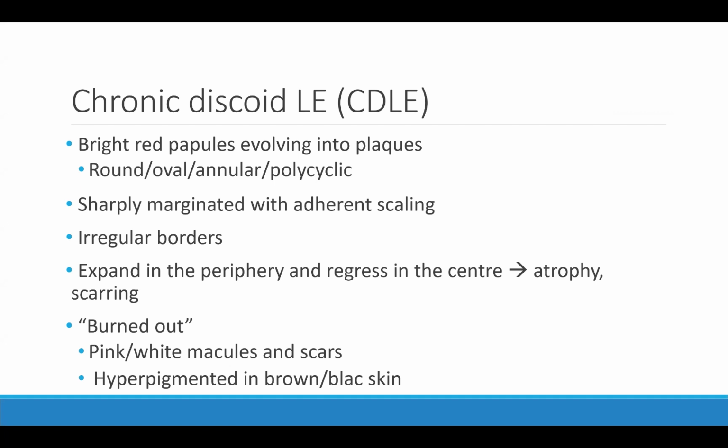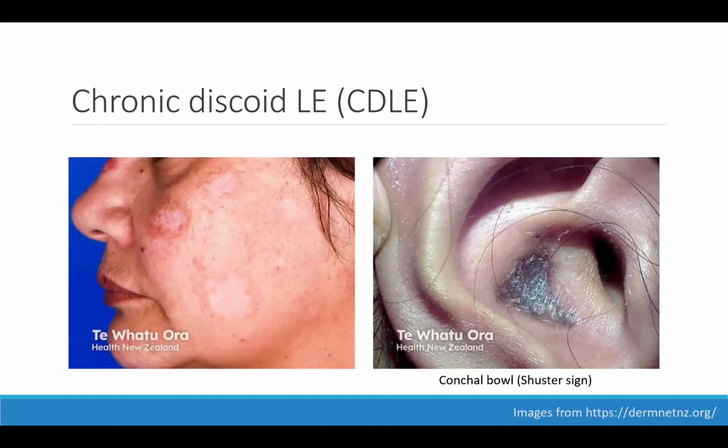In burnt out discoid LE, patients have pink or white macules and scars, and it can be hyperpigmented in brown or black skin. Apologies for the typo, it's black with a K. This is a picture of chronic discoid LE on the cheek on the left, and very typical is DLE in your conchal bowl, which is also known as Schuster sign.